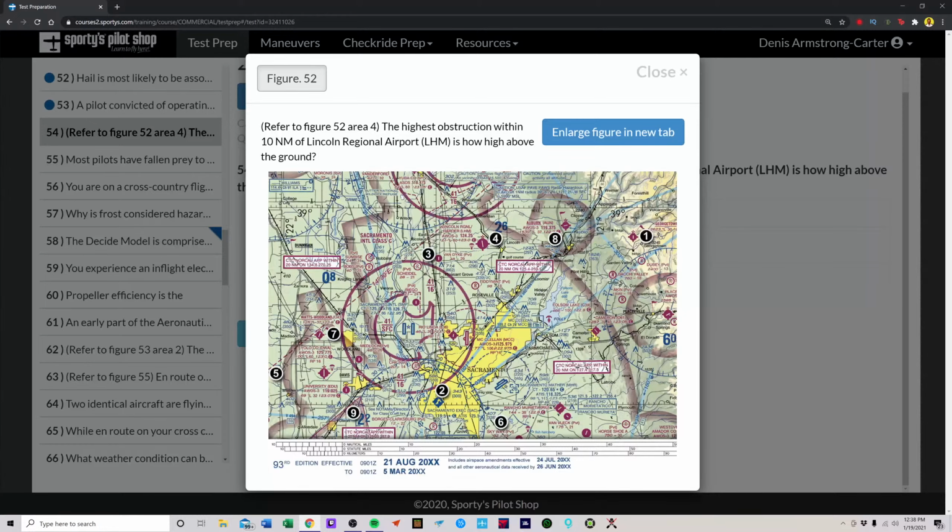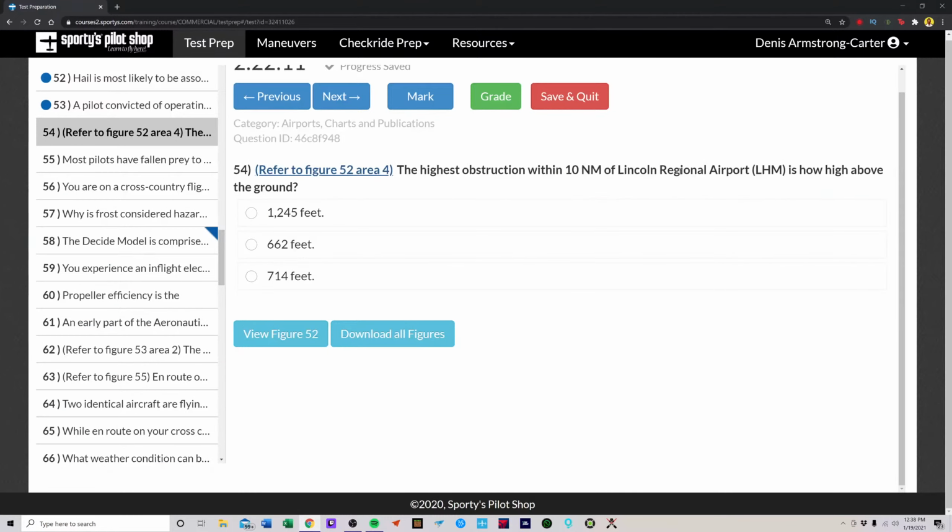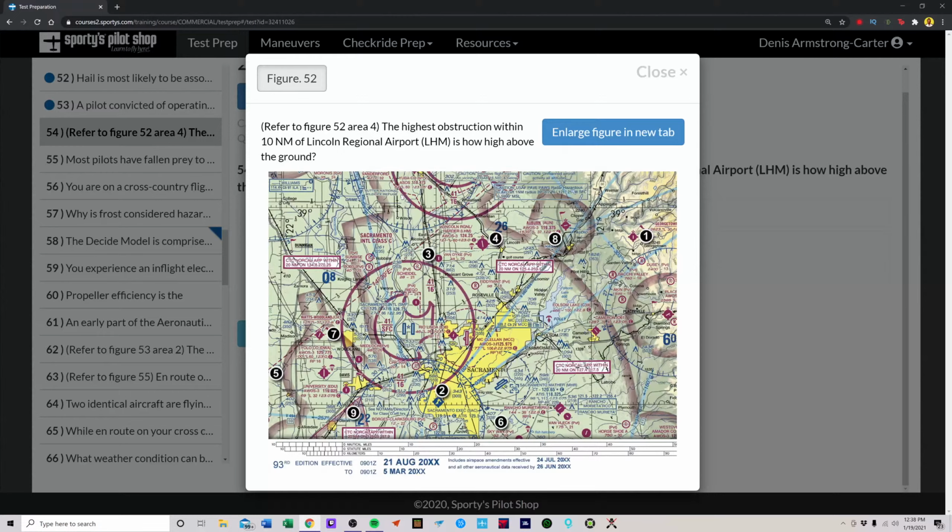Lincoln Airport, 10 nautical miles. How high above the ground? 714, 662. 714, 662. 714. So right there. It's right there. 714.